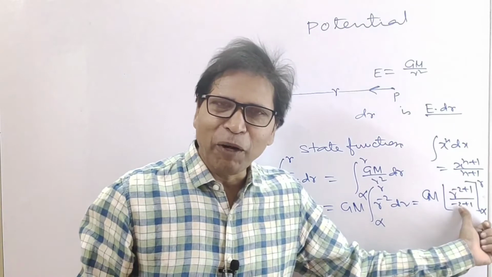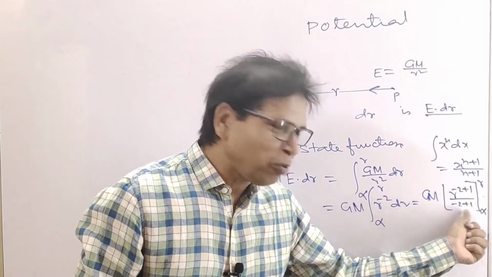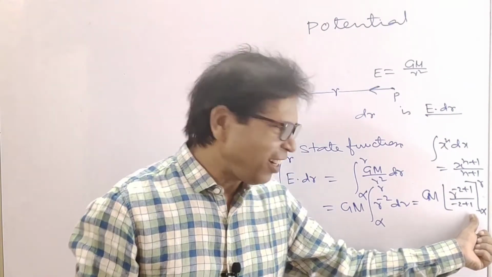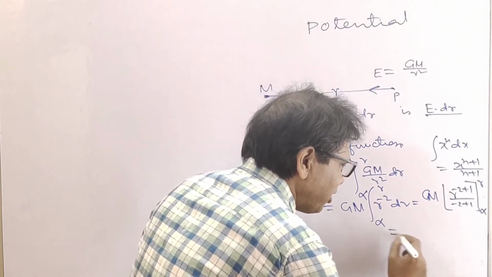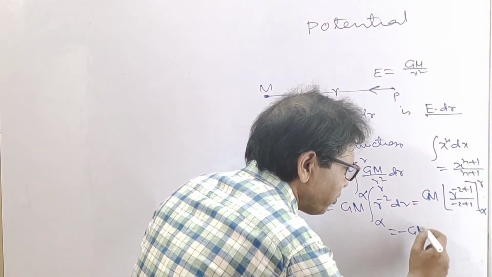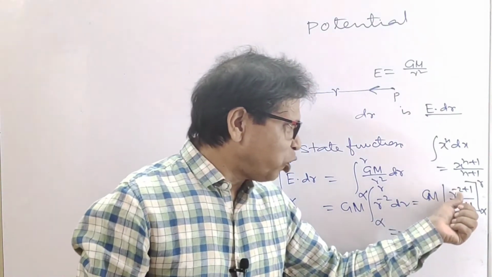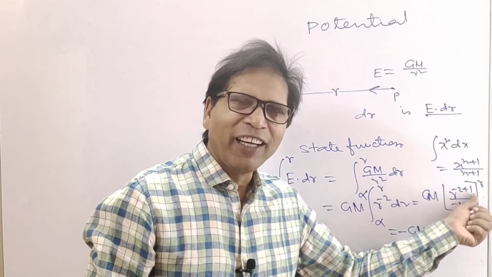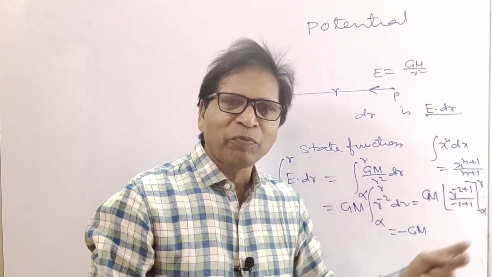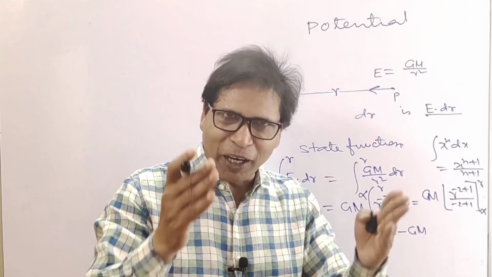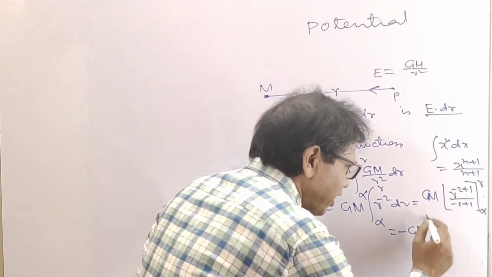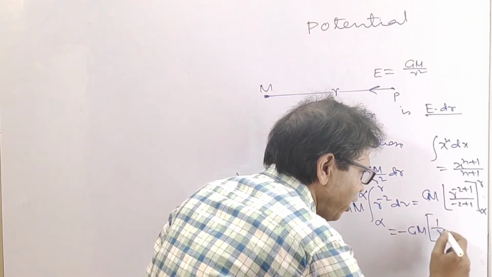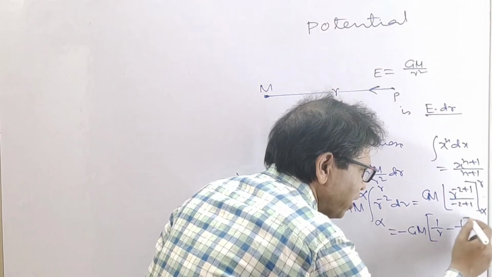Minus 2 plus 1 is minus 1. So this is minus G M, and here R to the power minus 1 plus 1, that is R to the power minus 1. R to the power minus 1 means 1 by R. So it becomes 1 by R minus 1 by infinity.